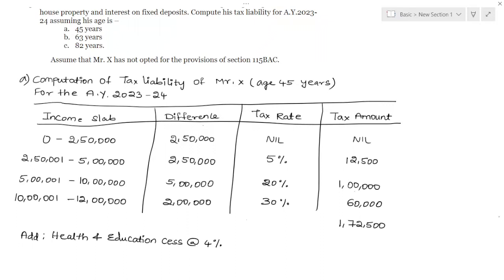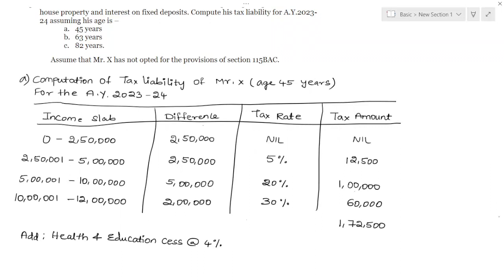For adding surcharge, your income should be 50 lakhs 1 rupee or more. Is it higher than that? No, it is less than that, 12 lakhs. So here we cannot deduct rebate, and neither can we add surcharge, because the conditions are not met. So directly we add health and education cess at the rate 4%.